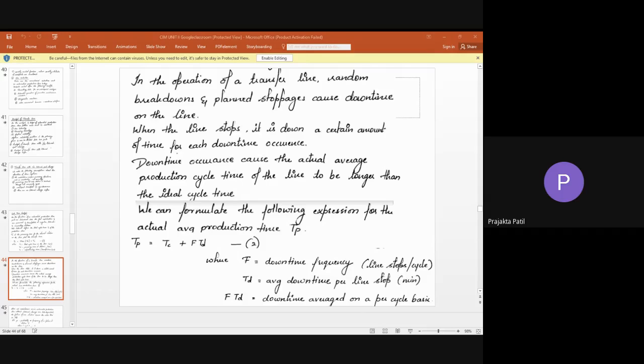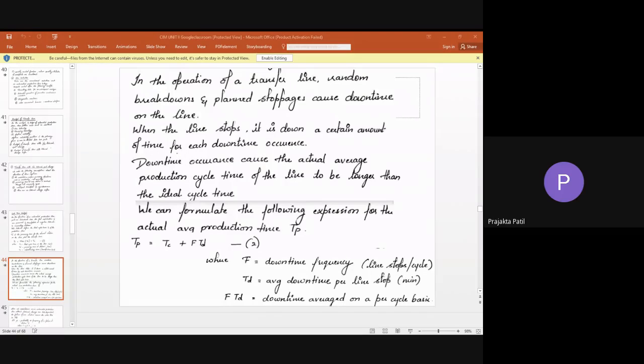What does this downtime include? It includes the time for the repair crew to swing into action, diagnose the cause of the failure, then fix it and restart. All of this time is included in TD, the downtime. So you can say TD is the time from when the breakdown happened till everything restarts.